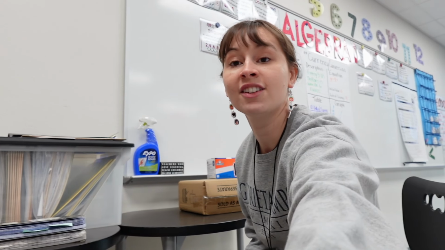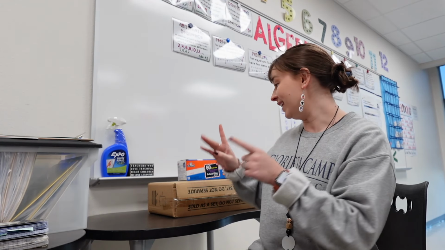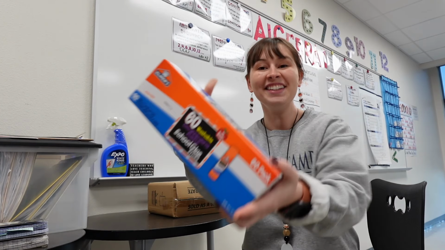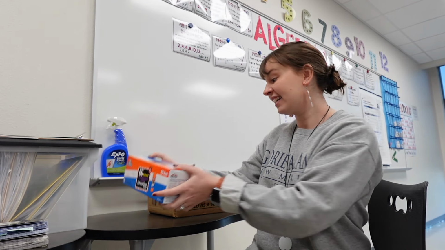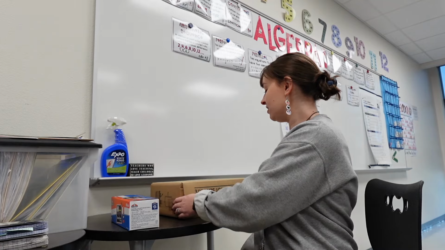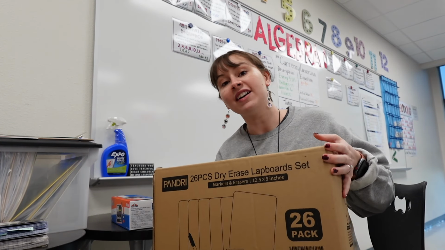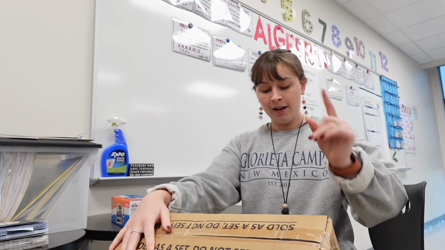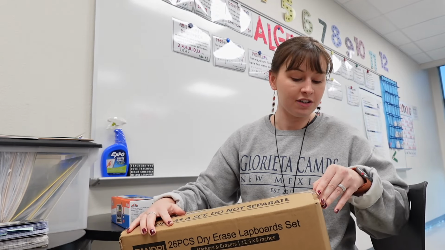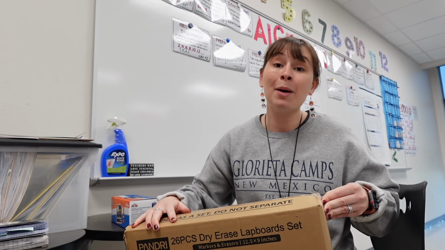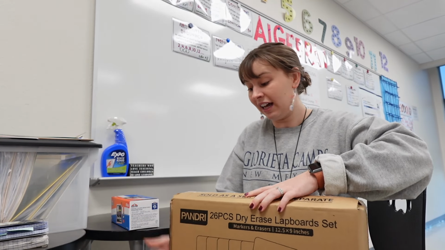So, the learning walks got canceled for a reason that I don't know, but we got our glue sticks in. Not only that, we also got more dry erase boards, and they come with markers and erasers. So I am pumped about that. I have a full class set.